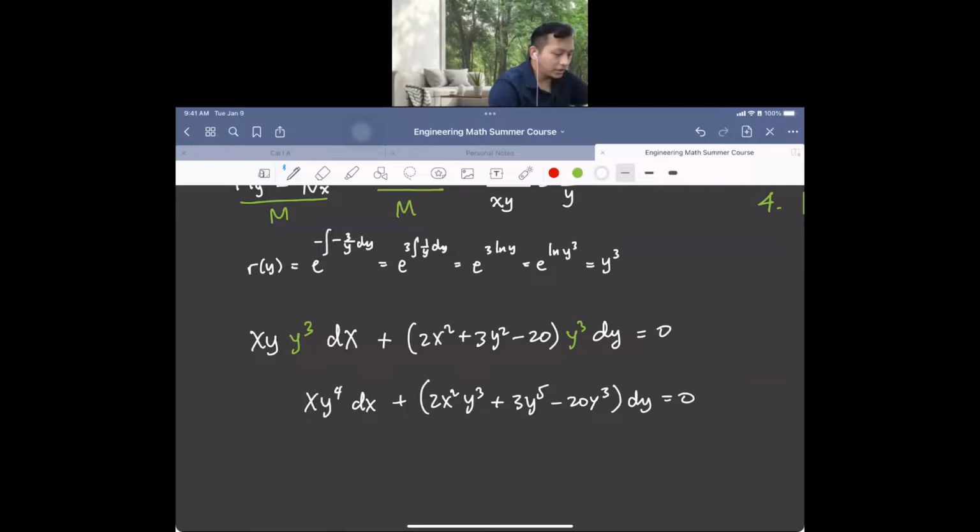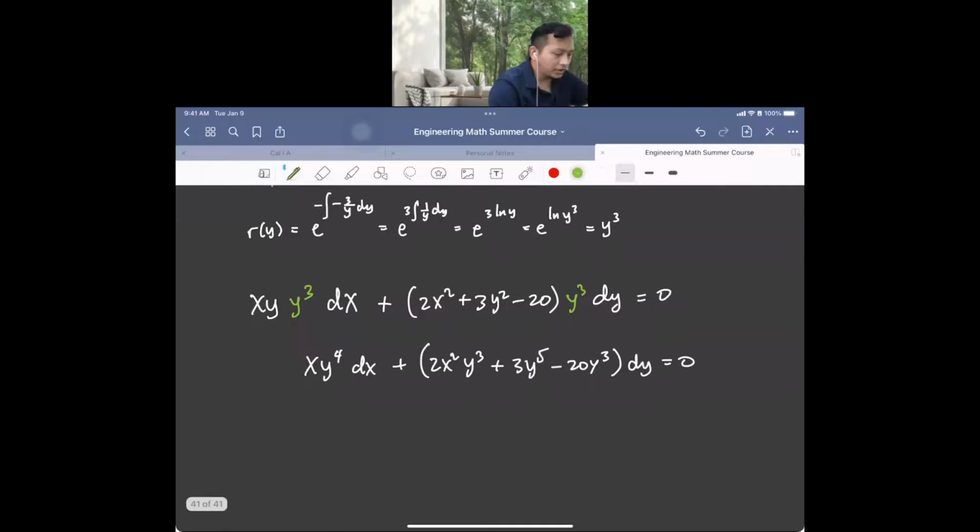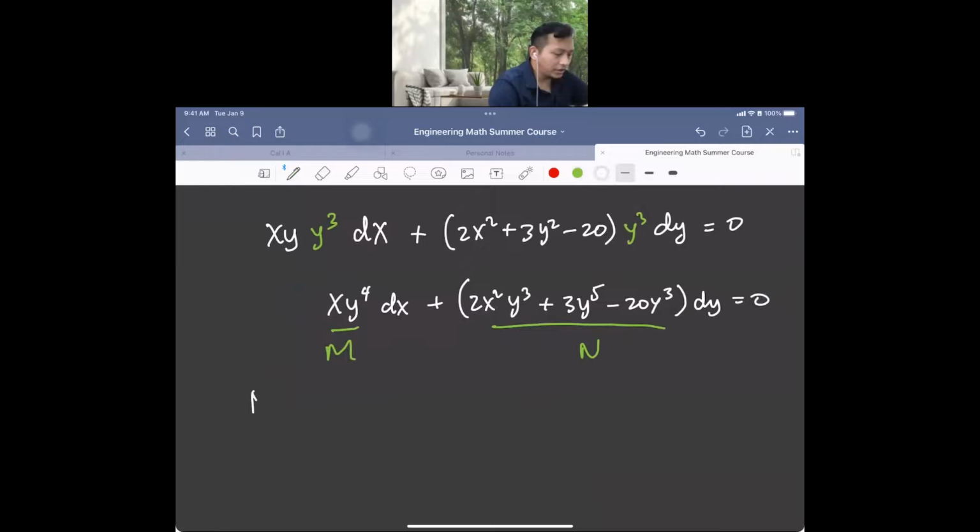We can check and verify whether this is exact or not. We do the same thing as we have done before. So this is m, this is n. Check again. For m, we take the partial derivative with respect to y, xy to the 4, which is 4x y cubed.